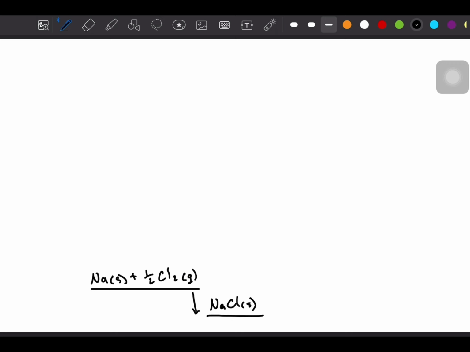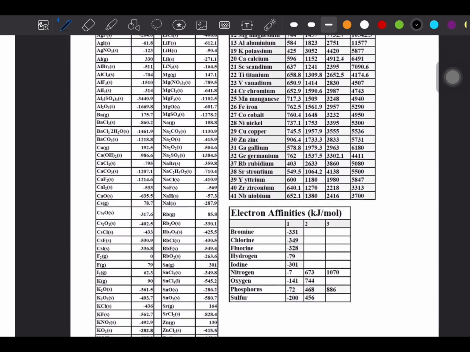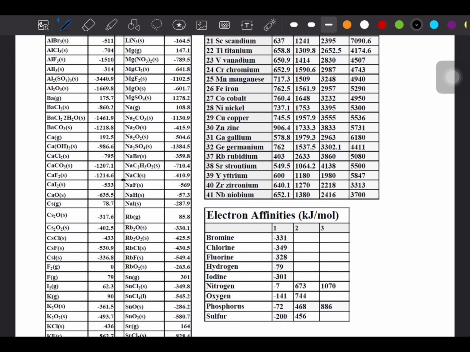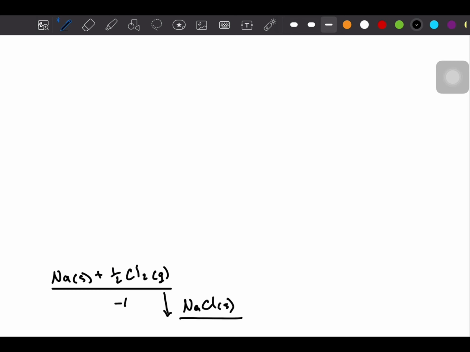However, the energy to form this is actually found in our enthalpy of formation tables. NaCl is right here at negative 410.